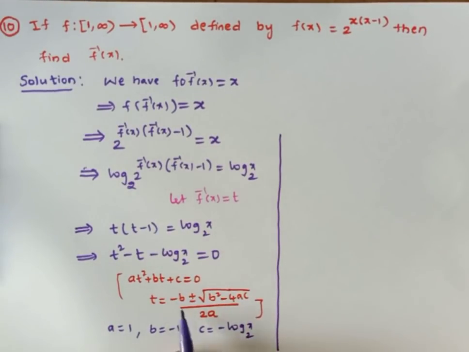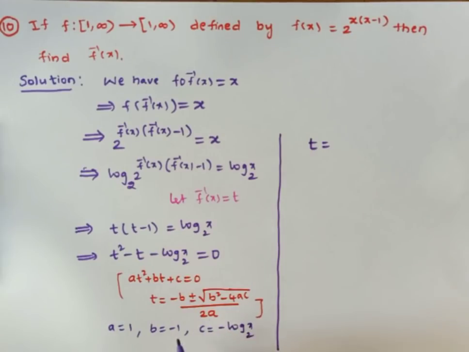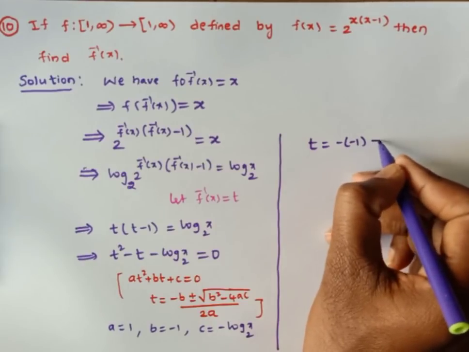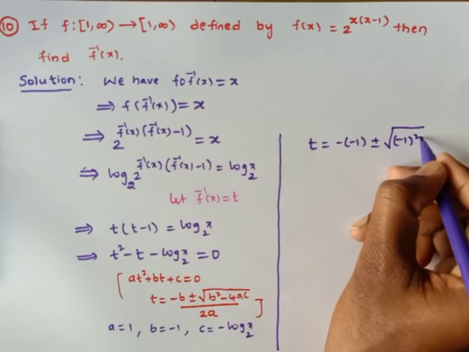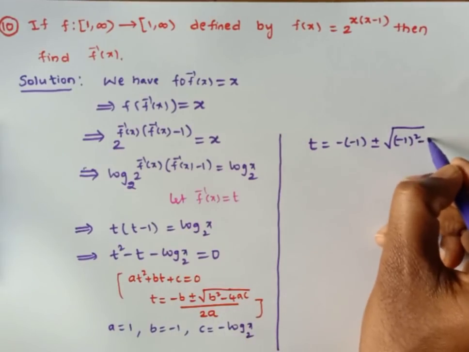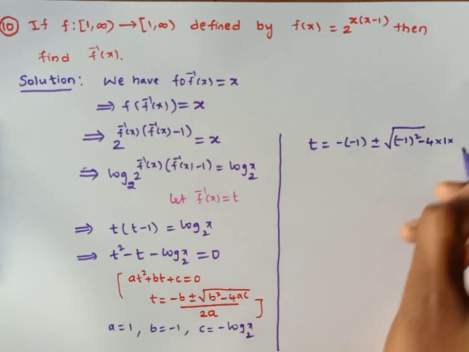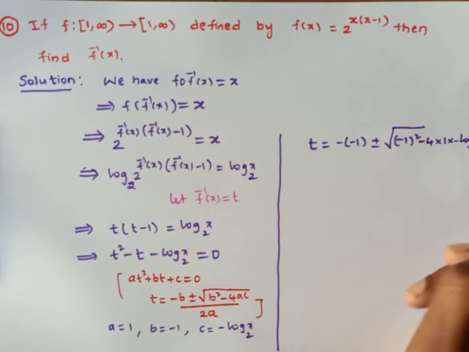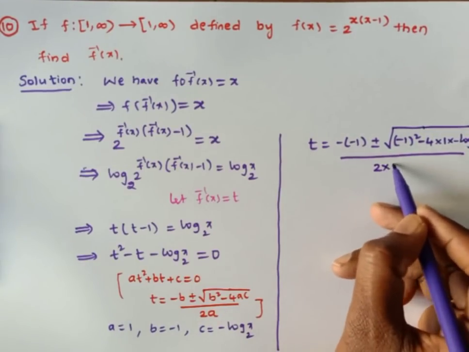Now try to find the value of t from this. So substitute all the values in this formula, that is t is equal to minus b, means minus of minus 1, plus or minus square root of minus 1 square, b square, minus 4 into a into c, c means minus log x base 2, divided by 2 into a.